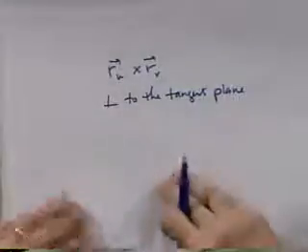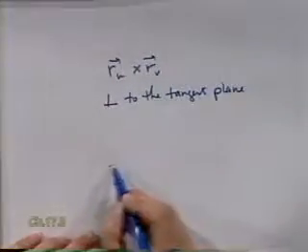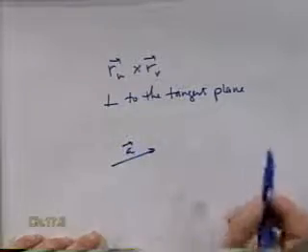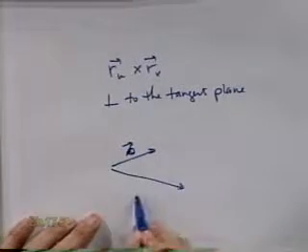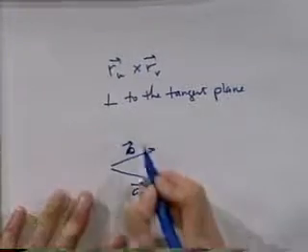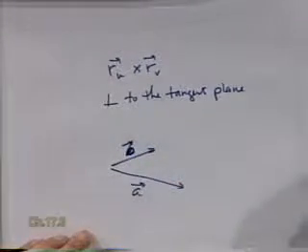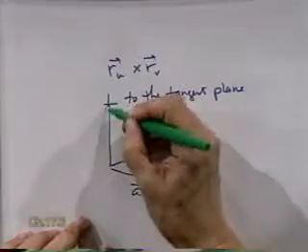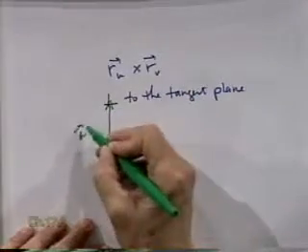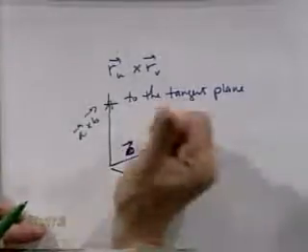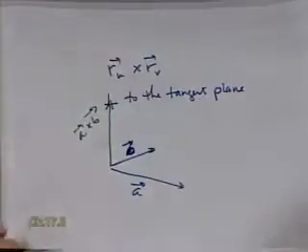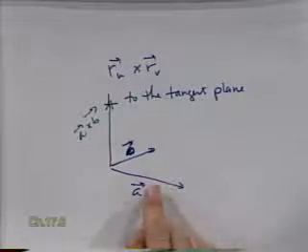If you have two vectors, here's vector A. Let's let this be vector B. When I take A cross B, I get a vector that's perpendicular to both of them. Remember your right-hand rule: you go from A to B and your thumb's pointing in the direction that A cross B is. What is the magnitude of A cross B equivalent to?